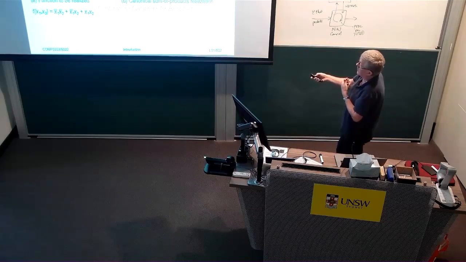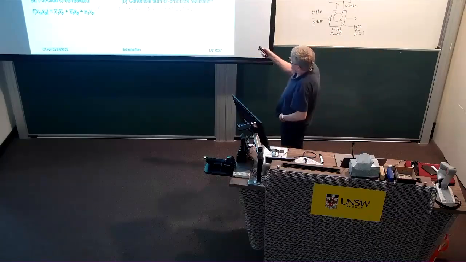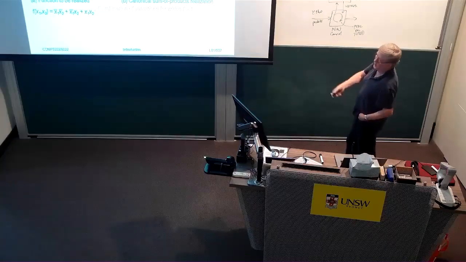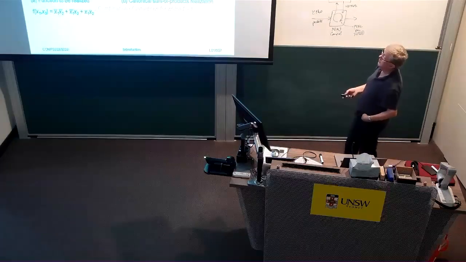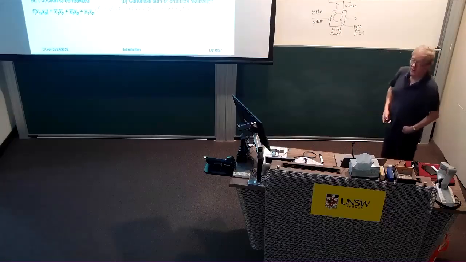So that's realizing the first term. The one in the middle here is realizing not x1 and x2, because it doesn't have a complemented version of x2 going into it. And the AND gate at the top is realizing x1 and x2. And finally, the OR gate is just ORing all of those AND gate outputs together.